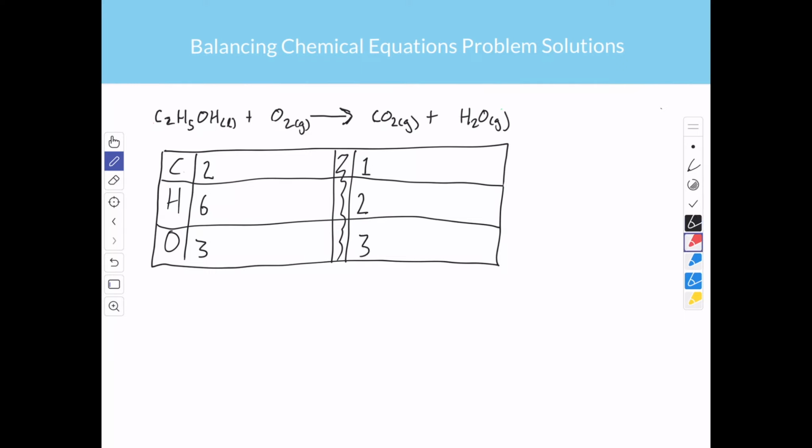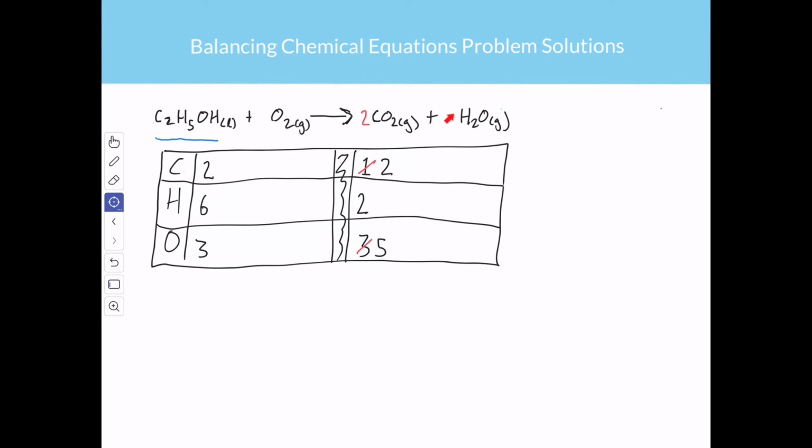And it's pretty clear what our most complex compound is, and that's the ethanol. So we'll start there. We'll do our carbons. So we have 2 carbons in the reactants, we need 2 on the products, so we'll rewrite that. Let's address our change in oxygens, which is now 4 oxygens here, plus the 1 here, which makes it 5. Now that we need to address our hydrogens, it looks like we got 6 on the left in our reactants, so we need to make 6 on the right.